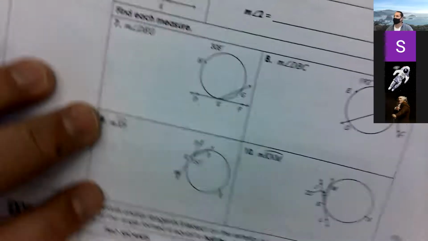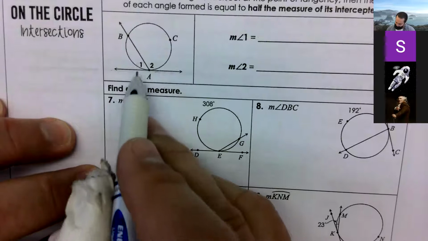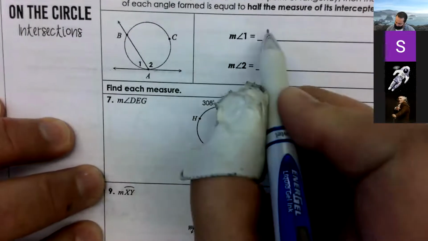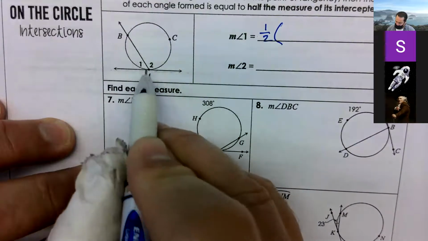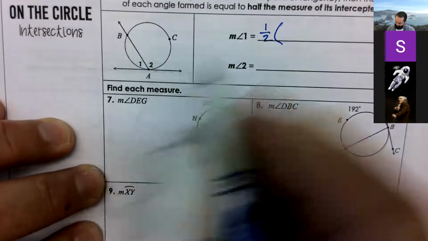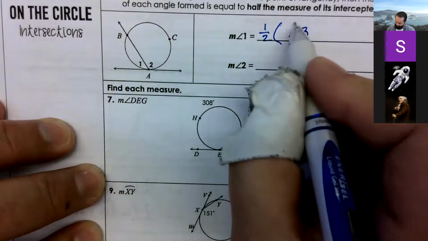All right, so here's where we're going with this. Given this picture, we're going to say that angle 1 is equal to 1/2 of the arc that it meets. And notice that comes from the point of tangency, A, up to the end of that angle.